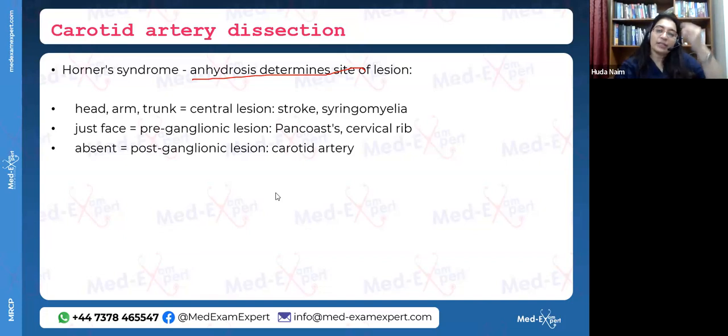Something related to the spinal cord, something related to the brain. So it could be a stroke, it could be syringomyelia. But if it's just anhidrosis of the face, that means there is a preganglionic lesion, such as a Pancoast tumor or a cervical rib. And if sweating is preserved, that means there's a postganglionic lesion, which is the carotid artery.